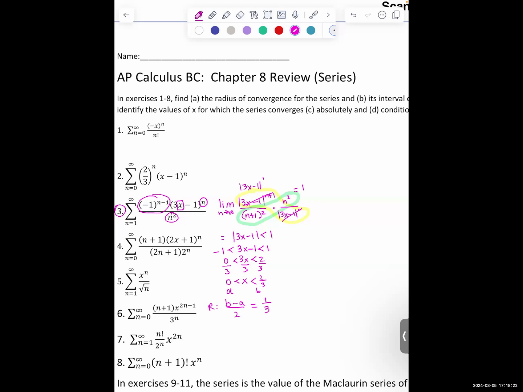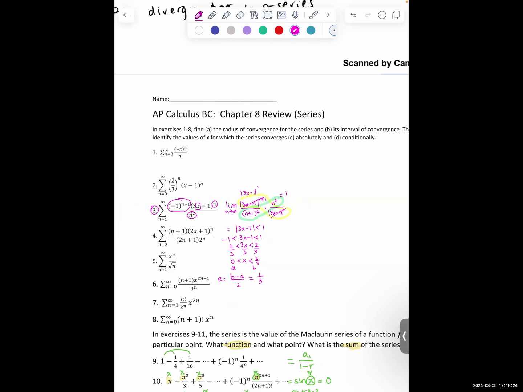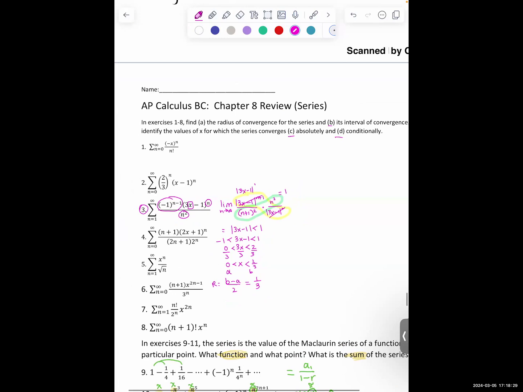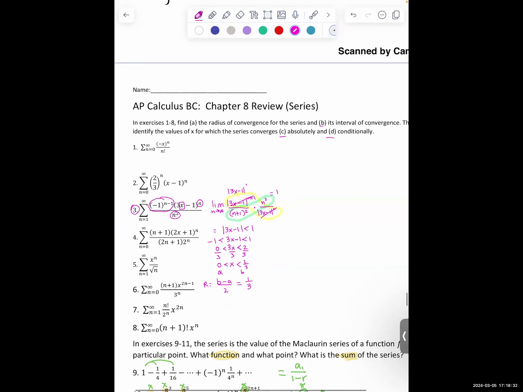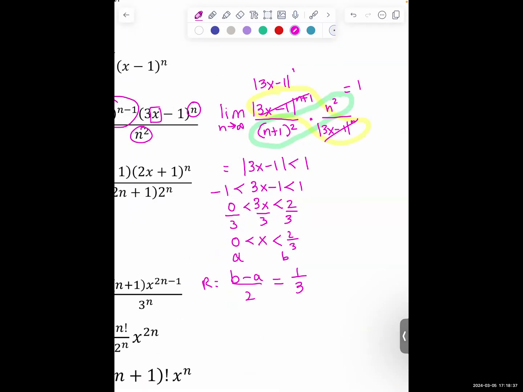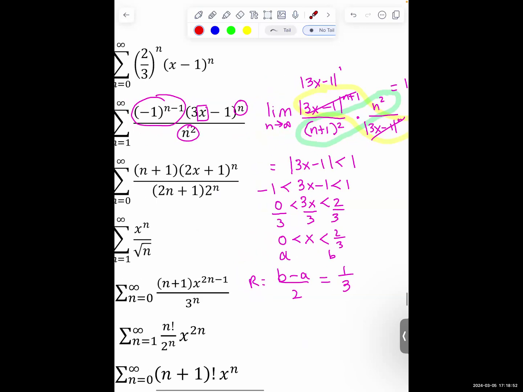Okay, so let's talk about the difference between what they're asking you to find in B, C, and D. The interval of convergence is currently 0 to 2/3. Because you took the absolute value at the very start, the answer I got means that every interior value of this interval between 0 and 2/3, including 1/3, results, when I plug it into x in the original, in an absolutely convergent series.